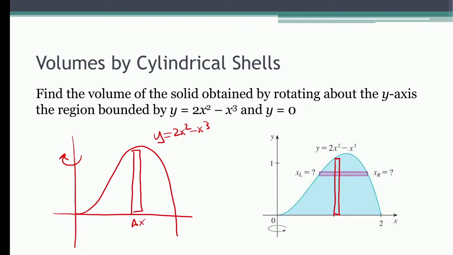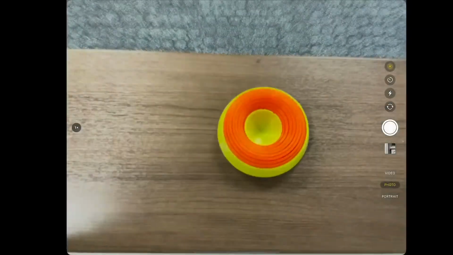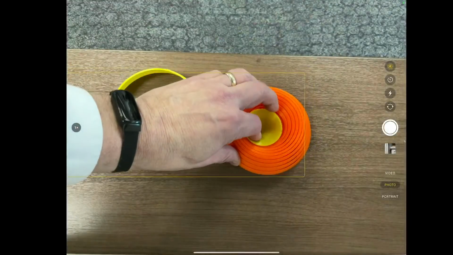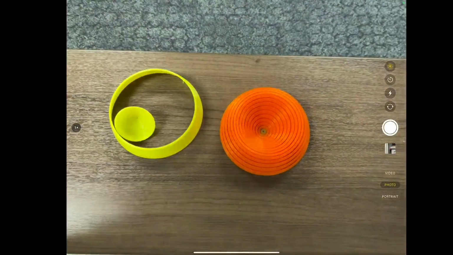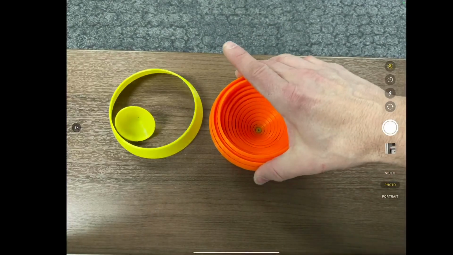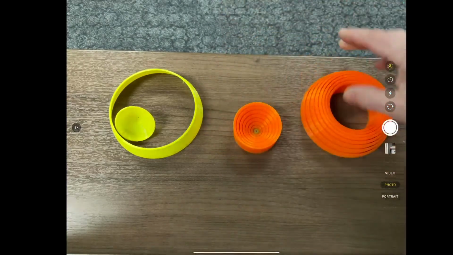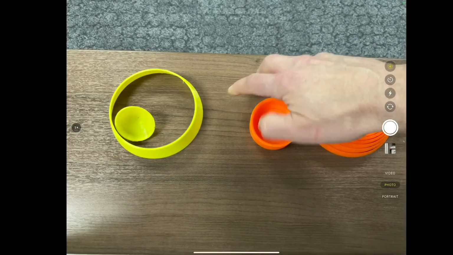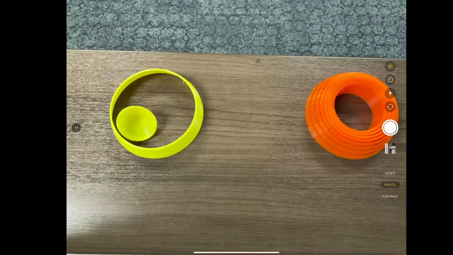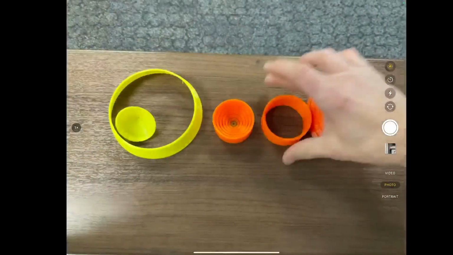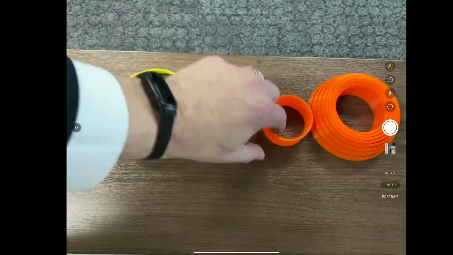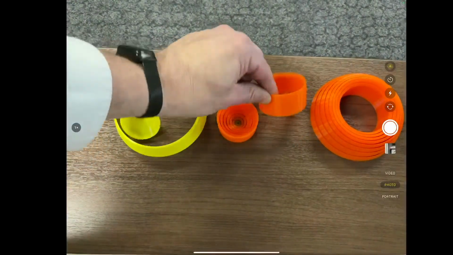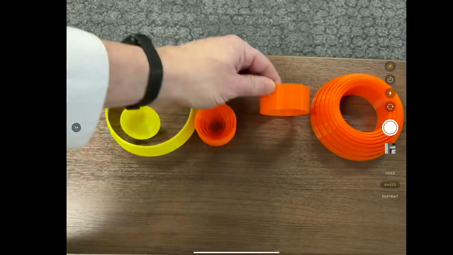Here, I'll show you because I did this. The orange thing did succeed. If you can kind of see that this has been chopped into, if I can pull one of these off, sorry. There, that's the first time I've separated those since it came off the printer. Each one of these is like a tube. We call these shells.